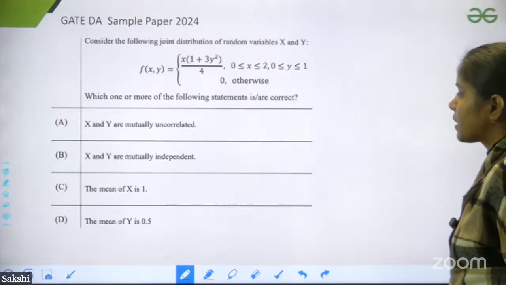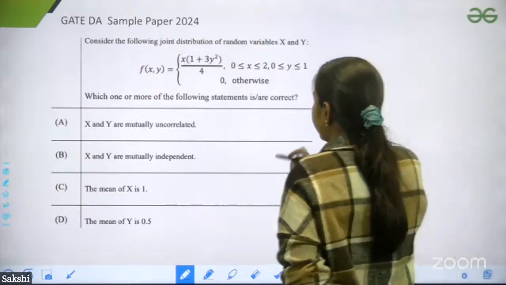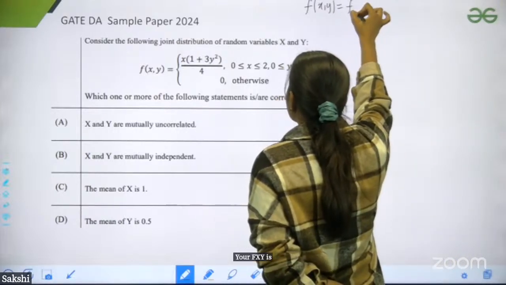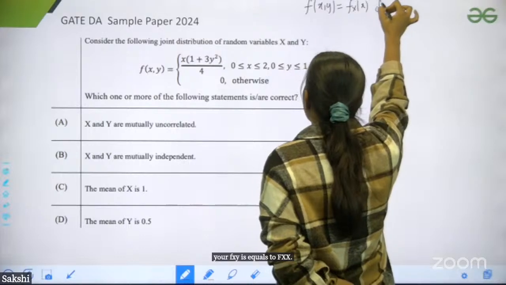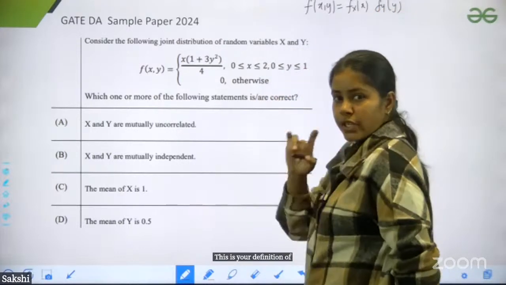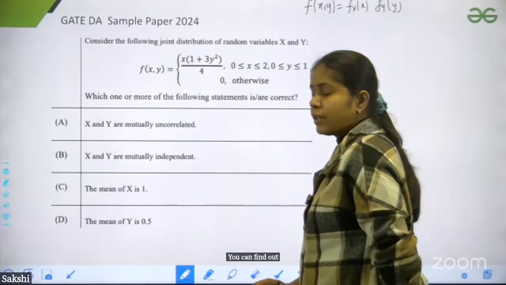Tell me guys, just think about it. For independence, what you have to check is that your f of xy is equal to f of x into f of y. This is your definition of independence. You could check this. Using f of x, you can find out the mean of x.